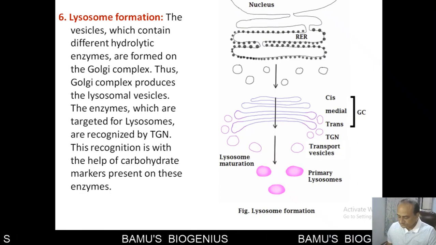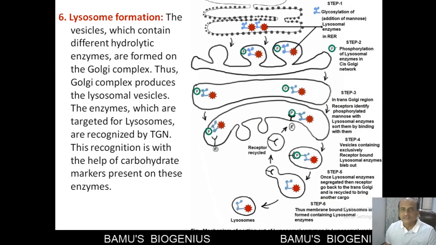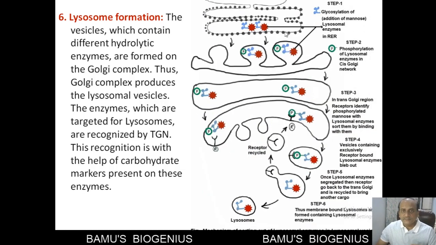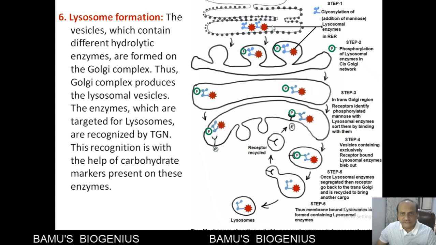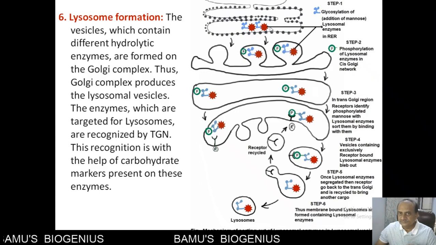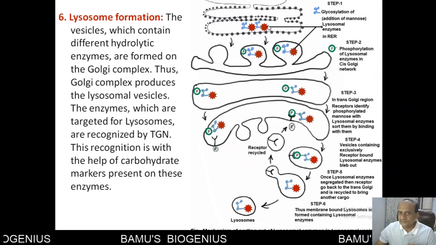So here we will see what happens in the endoplasmic reticulum. The first step is glycosylation of this particular lysosomal enzyme. What do you mean by glycosylation? Addition of sugar molecules that takes place in the endoplasmic reticulum.